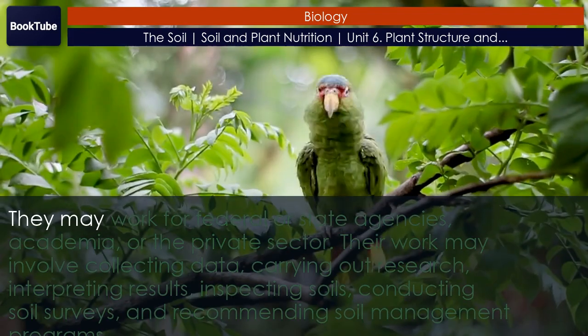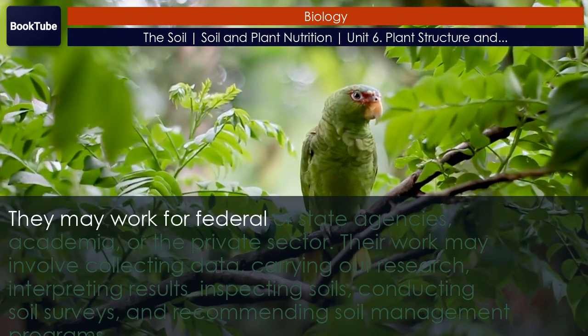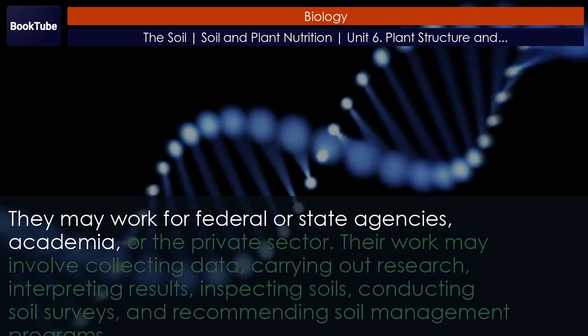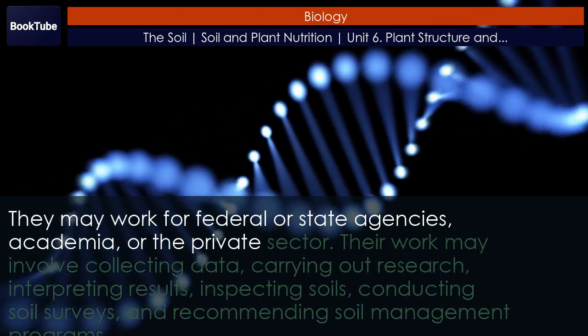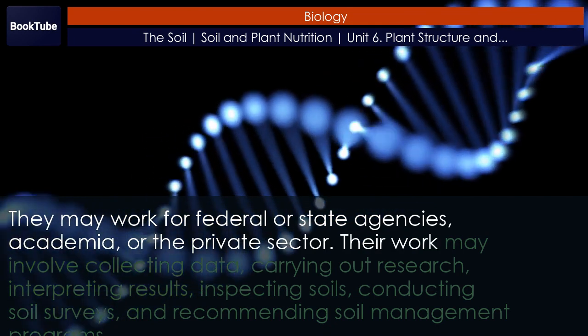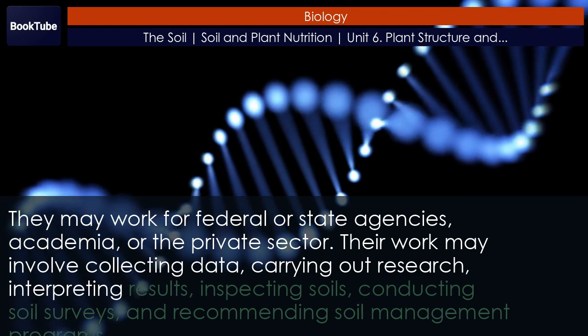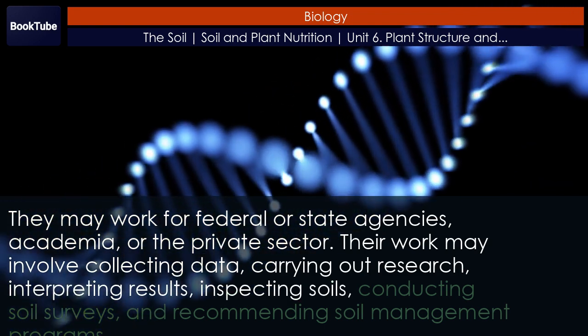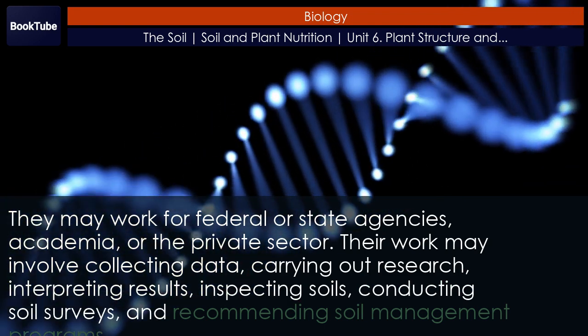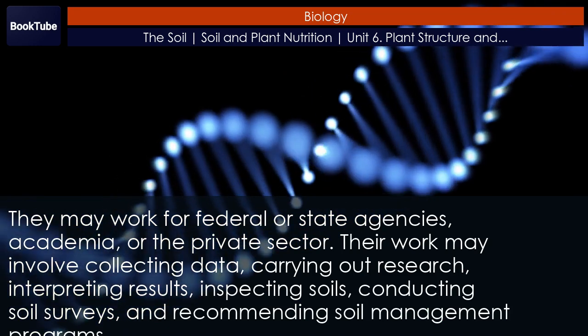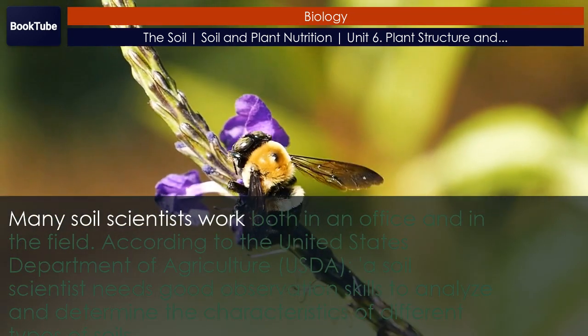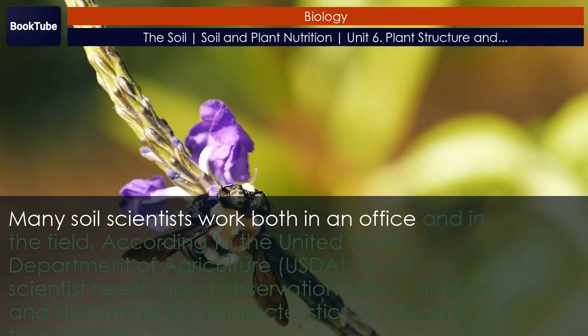They may work for federal or state agencies, academia, or the private sector. Their work may involve collecting data, carrying out research, interpreting results, inspecting soils, conducting soil surveys, and recommending soil management programs. Many soil scientists work both in an office and in the field.